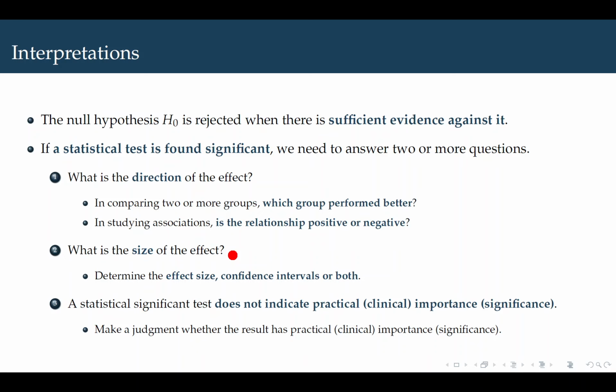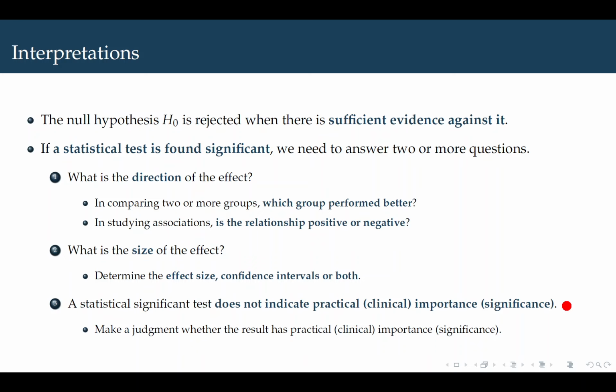The other thing that we need to note is that a statistically significant test doesn't indicate practical or clinical importance or significance. So statistical significance and clinical importance are different. In the test that we are going to conduct, the test may be significant, but that may not necessarily imply clinical importance or significance.